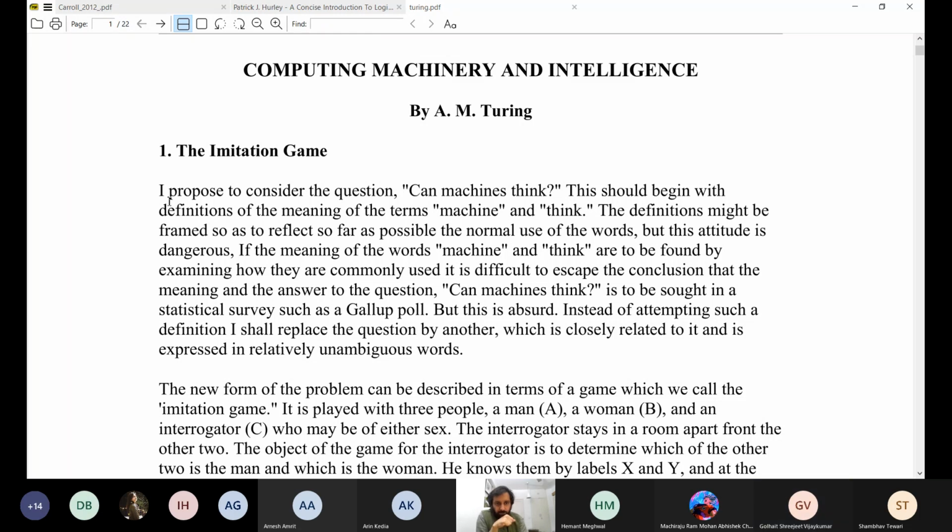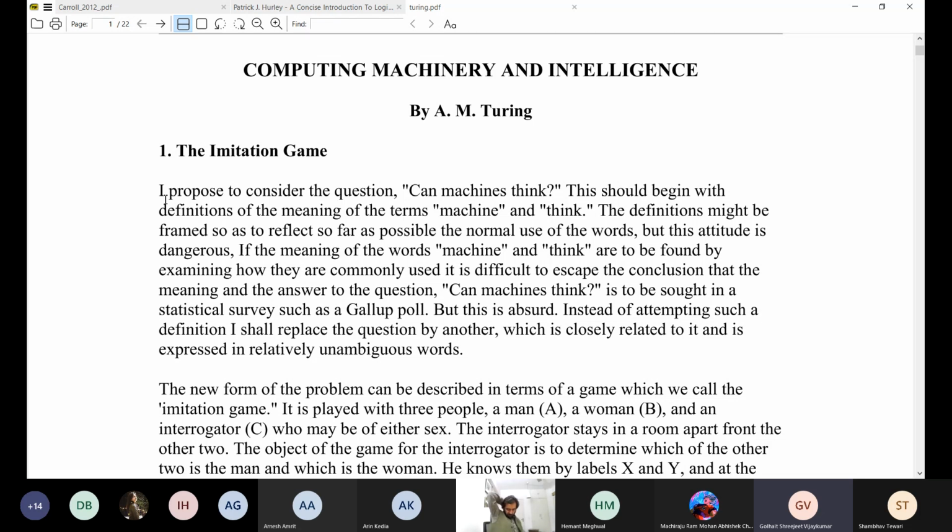Yeah. So just this paragraph. I propose to consider the question, can machines think? This should begin with definitions of the meaning of the terms machine and think. The definitions might be framed so as to reflect so far as possible the normal use of the words, but this attitude is dangerous.